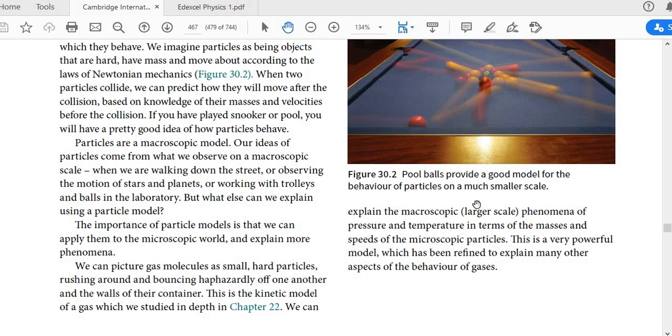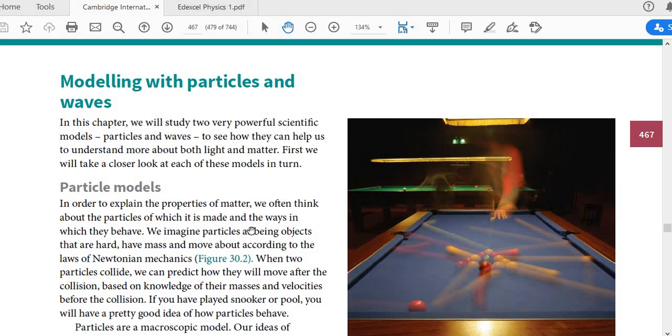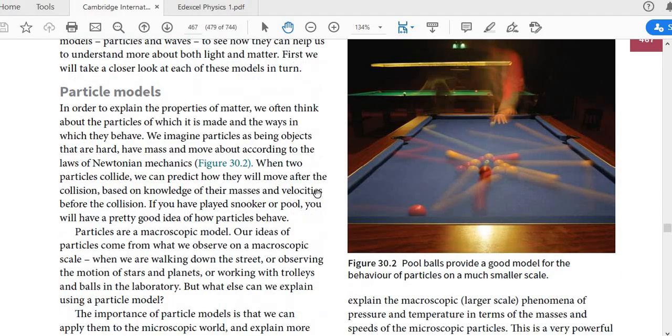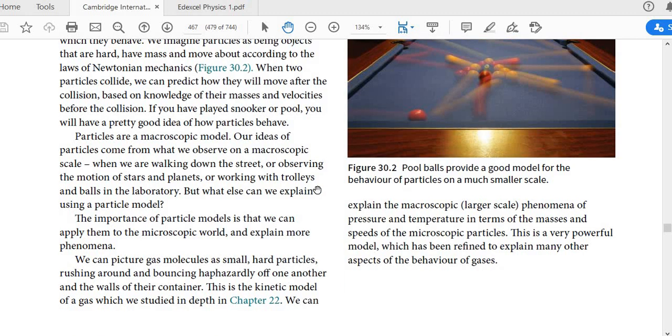If you want, you can read the details. Okay, and previously you have learned about the kinetic theory. We learned about gases even in the A2 class, and also in the O-level classes, Cambridge O-level and IGCSE classes, we have learned about the kinetic theory.